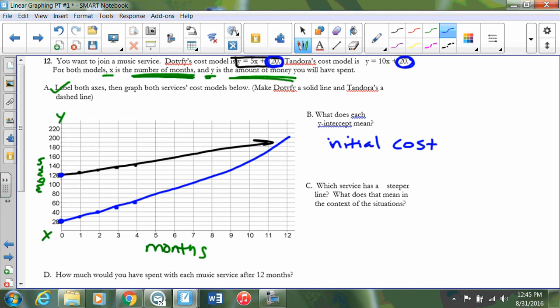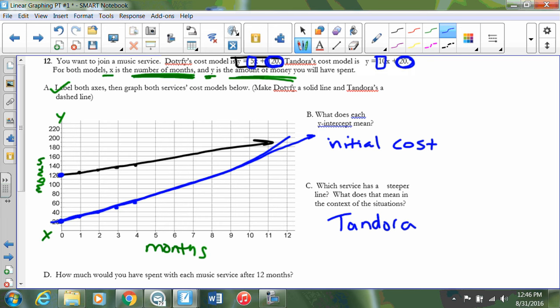So which service has a steeper line? Definitely this second one, this Tandora's, has a steeper line. We can see, even if I didn't curve it, that it is, there we go, going up steeper. So Tandora's has a steeper line. You could have also told that because steepness is decided by the slope, and 10 is a steeper slope than 5.